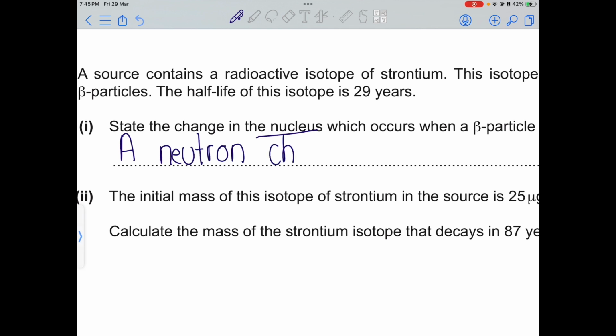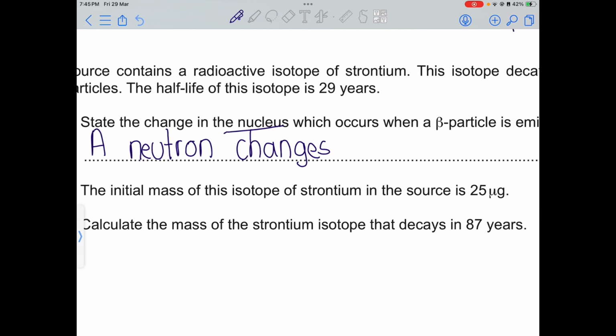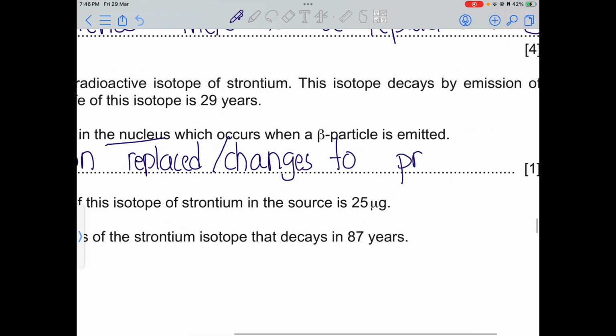In a beta emission, a neutron changes into a proton and an electron, and the electron is then emitted out. So the neutron is replaced, or changes, to a proton. Don't say electrons, because it's only asking about the nucleus.